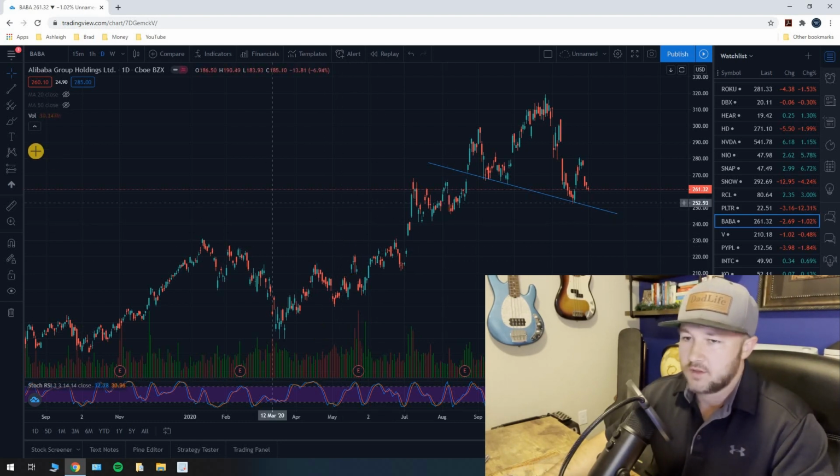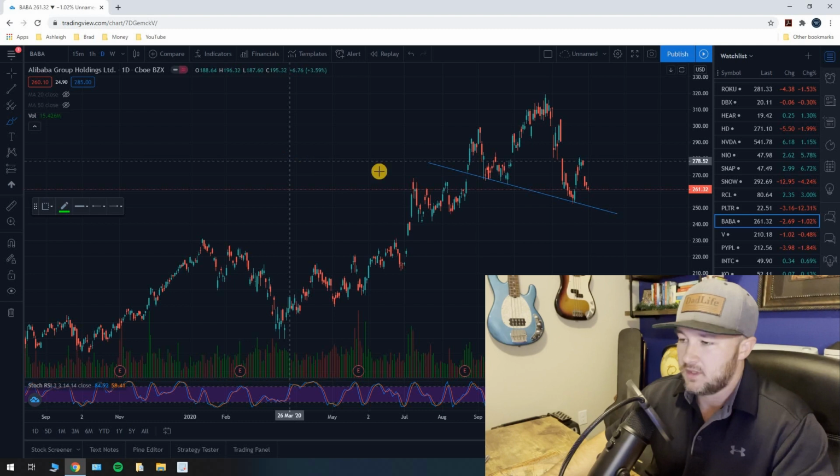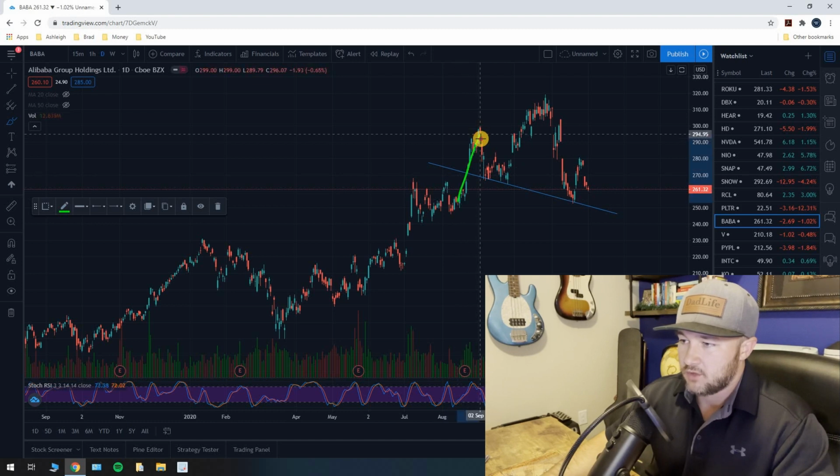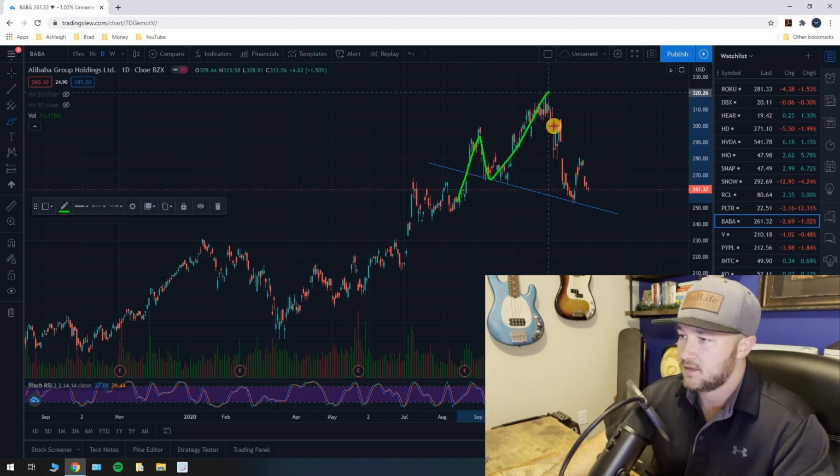Let me chart out the head and shoulders for you. We have our bull trend going up, we have our shoulder retracing to the neckline, the head retracing to the neckline, and then another shoulder, and we are now starting to retrace to the neckline.